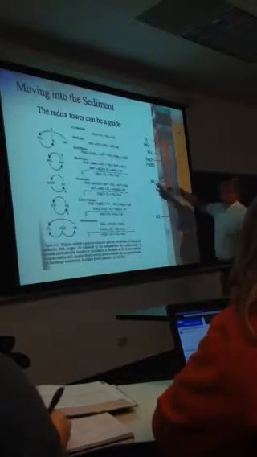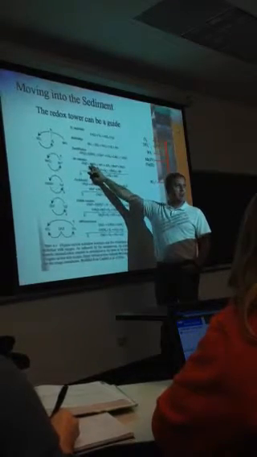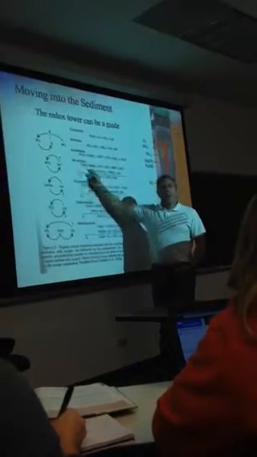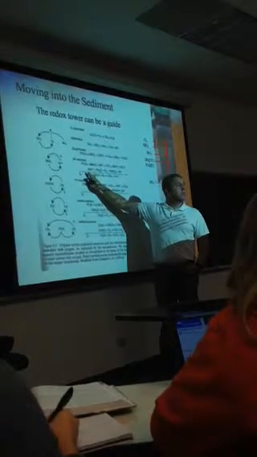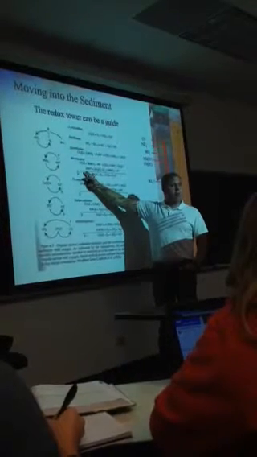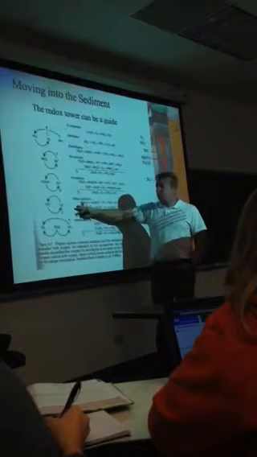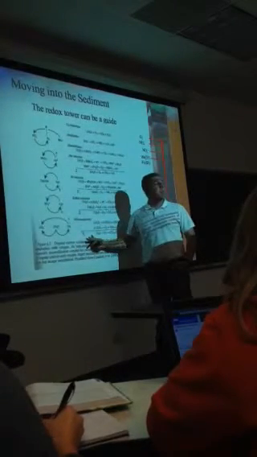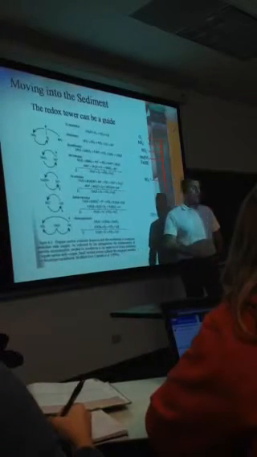Now the iron reducers, the manganese reducers, the metal reducers kick in. When they're out of oxidized metals, because remember they're reducing the metals from an oxidized state to a reduced state, now it's sulfate. When sulfate's gone, it kicks over to methanogenesis, CO2 reduction to methane.